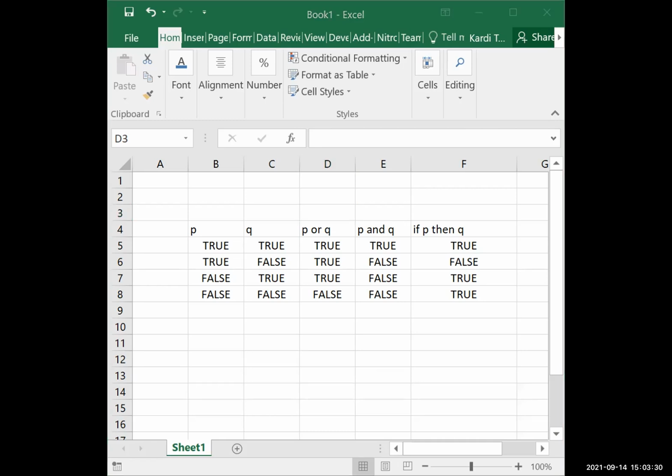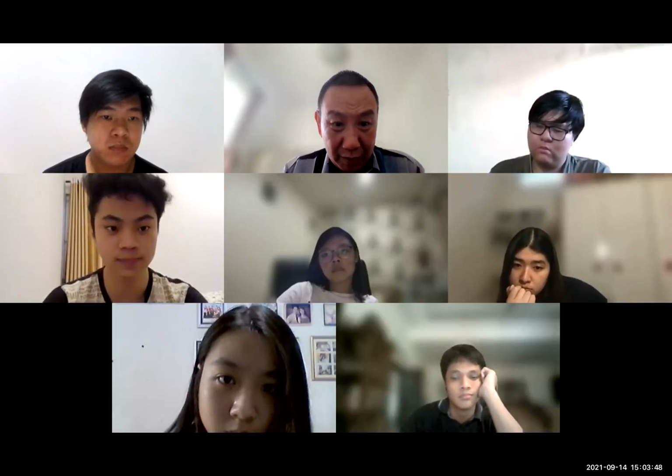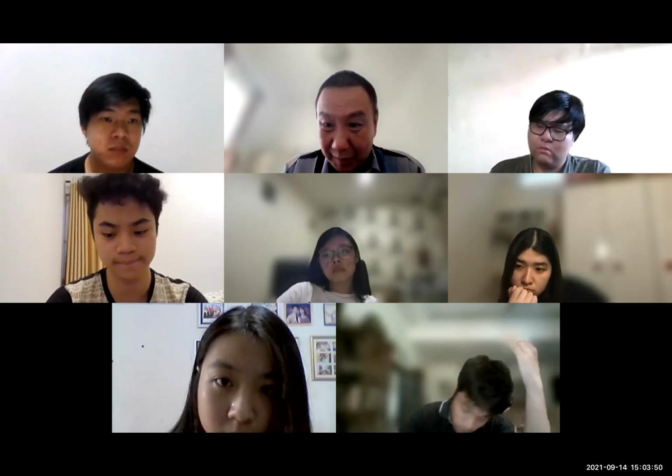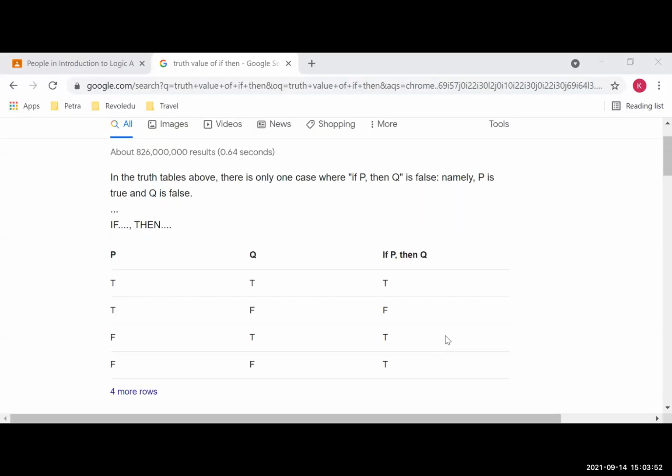Okay, you can check if you want. Truth value of if-then. If you ask Google, there it is. Google will give me the same answer.